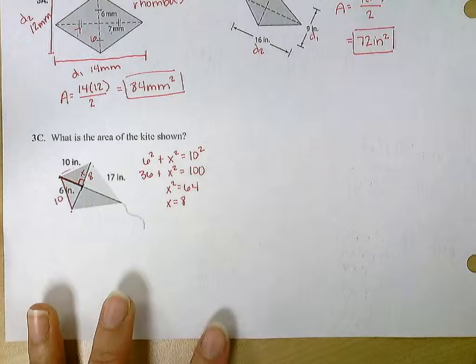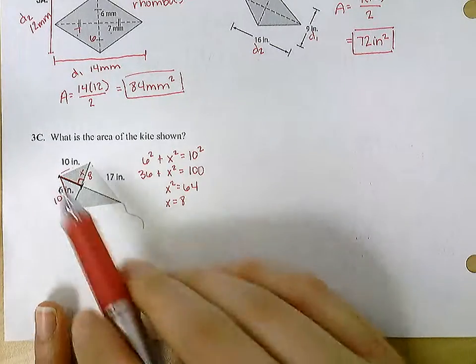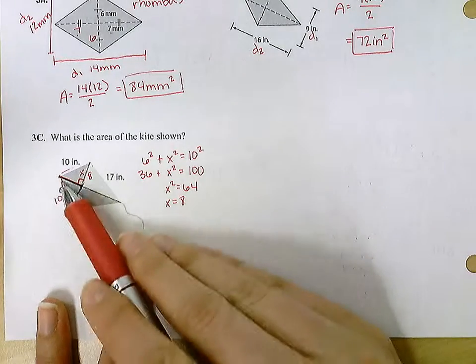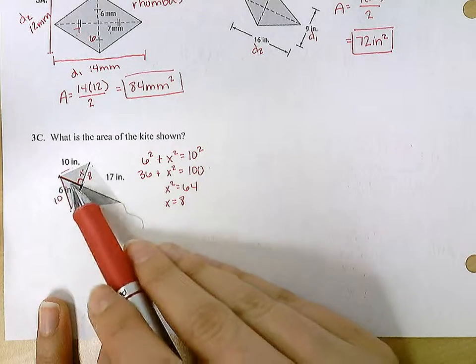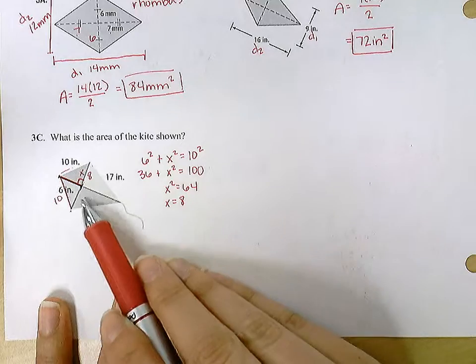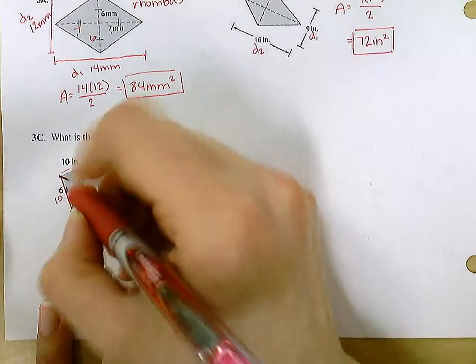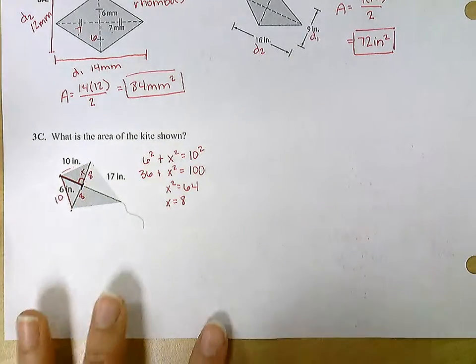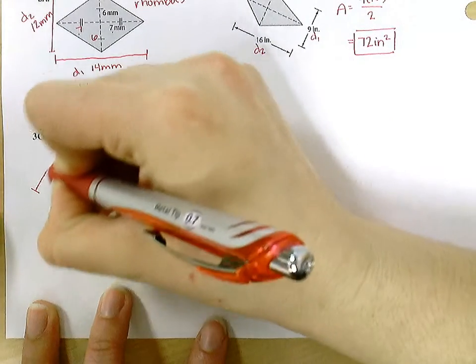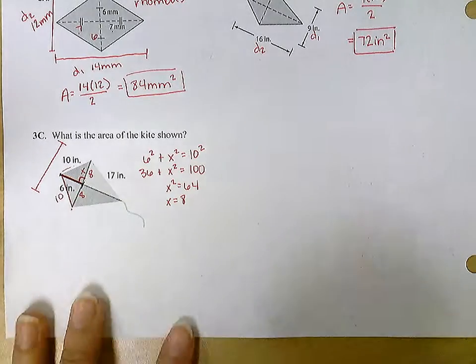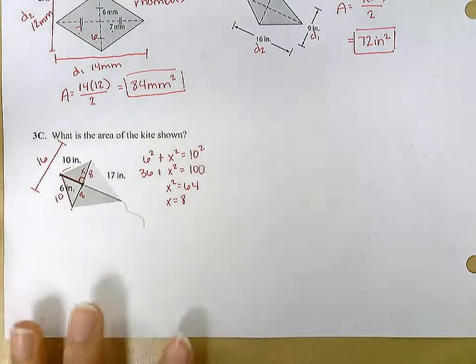You have consecutive congruent sides. Okay, so if this one's 10, that one's 10, this one is 6. Since this also makes a right triangle with 6 and 10, that means this piece of this diagonal also has to be 8. Okay, so I know one of my diagonals now is what? Is 16.